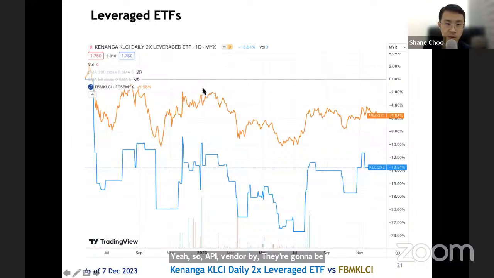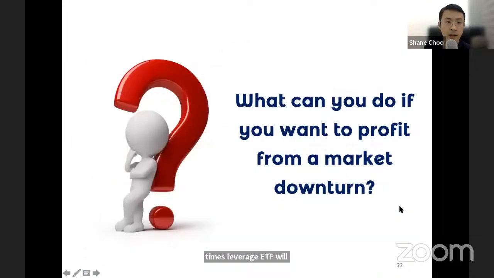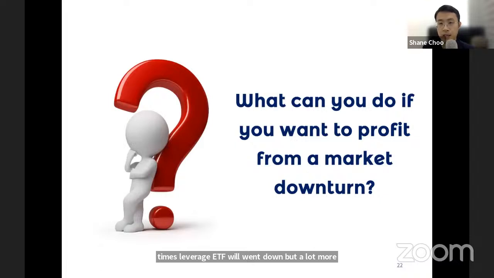So if the FBM KLCI went down by a bit, then of course the 2 times leverage ETF will go down a lot more. You can see that the leveraged 2x ETF mirrors the performance of the index that it seeks to track.